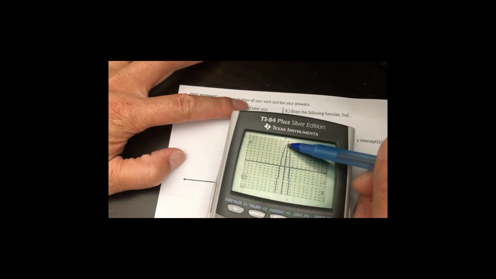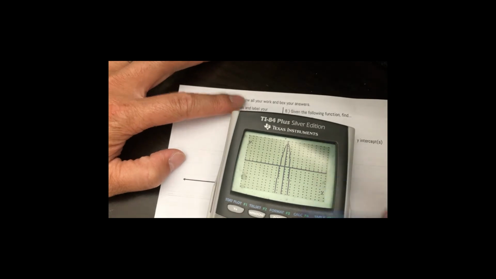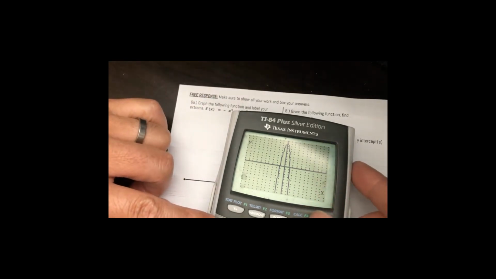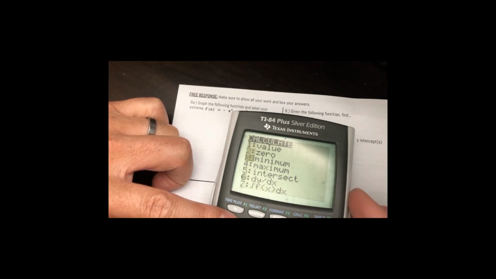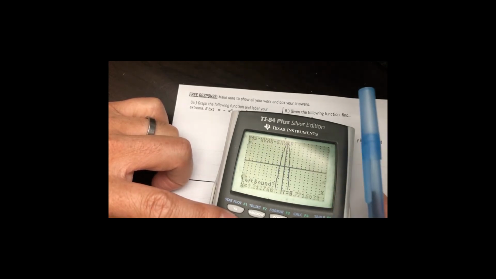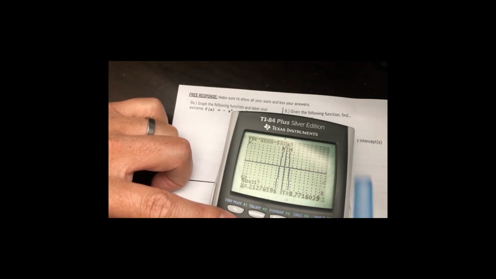I already know that's +9, but if you didn't know that, you can also do the second trace. That's a maximum, so let's go to the left of it, enter, to the right, and then try to get exactly on there.